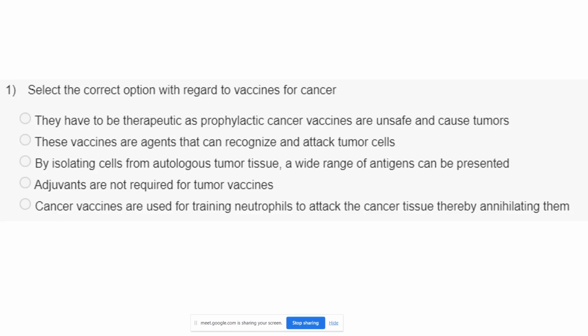This was the first question. You have to select the correct option with regard to vaccines for cancer. I'll give you some time to go through the options and then I'll tell you the answer.